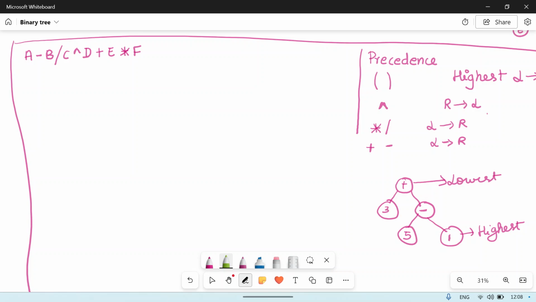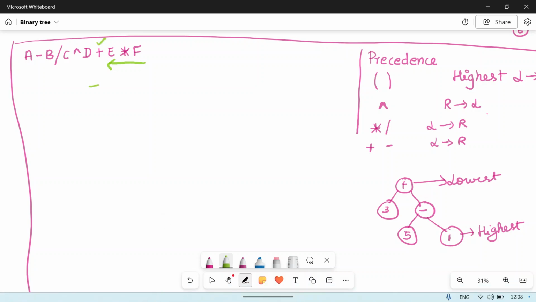Plus and minus are having the equal precedence, isn't it? So what you have to do in such a case is start from this side, from right to left. So identify the first lowest. The first lowest that you have is plus, right?